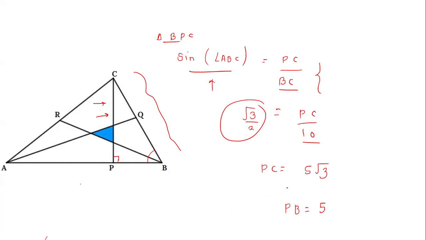So from here you can find out the value of PC. PC is coming as 5 root 3, and you can also find this PB, which, if you calculate, will become simply 5. So this perpendicular height is 5 root 3 and this PB is coming as 5.